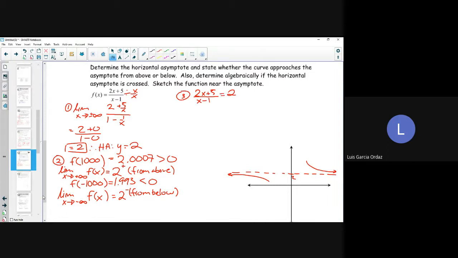Simple algebra, cross multiply, so I get 2x plus 5 is equal to 2 times x minus 1. 2x plus 5 is equal to 2x minus 2. 2x minus 2x is equal to negative 2 minus 5, which means 0 is equal to negative 7, and we know that's not true, which means that my horizontal asymptote is not crossed.